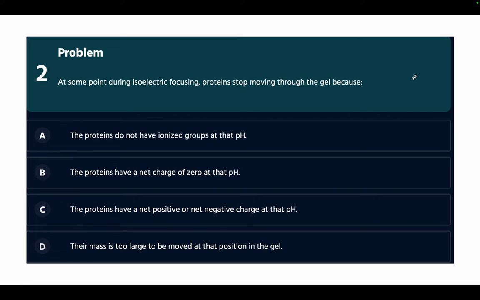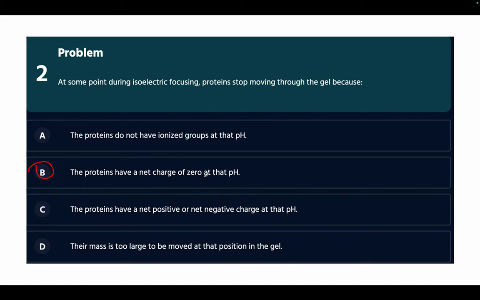Why is it not just moving through the gel and getting collected at the electrode? That is because at that point the pH is equal to the isoelectric point of the protein, which means the net charge on the protein is 0. So there's no longer any electromotive force on that protein. Right? So the correct answer here is B.